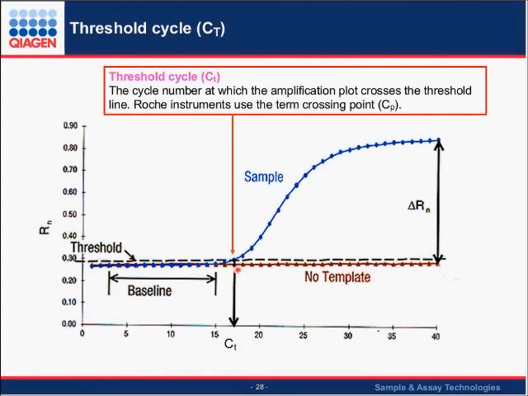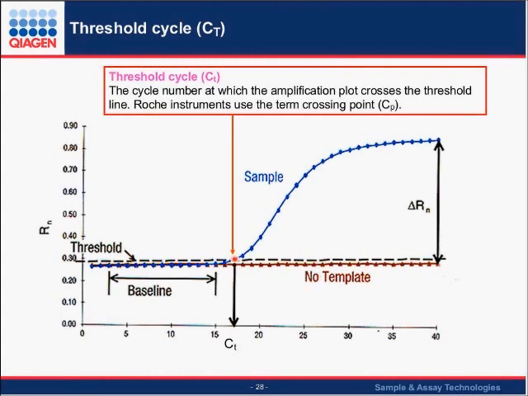And then also this threshold cycle can move depending on whether you have an inhibited reaction. So if a reaction is inhibited, and you compare two reactions, same DNA, same reaction chemistry, but there's something different in one tube than in the other, you can get an inhibition, and what will happen is that CT value in an inhibited sample will move over to the right.